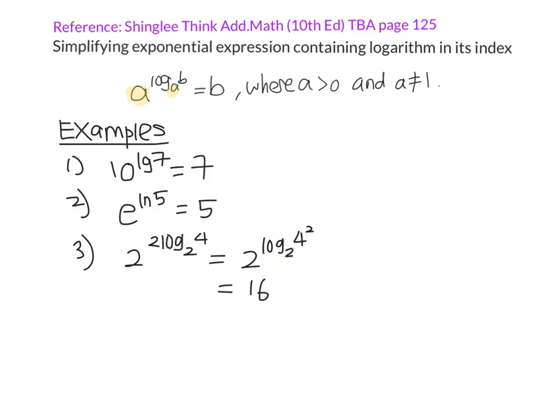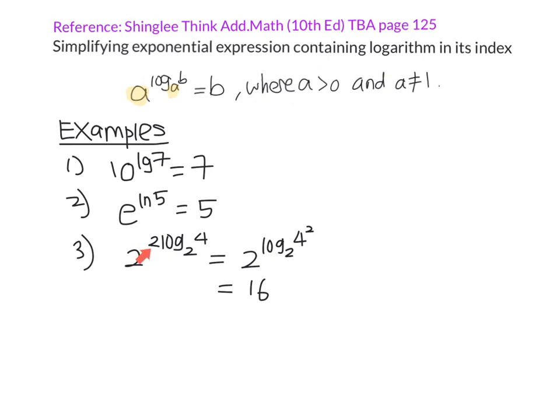There are times where we need to apply the laws of logarithms such that we have only a single logarithmic term in the index with coefficient of 1, as shown in example 3. When we compare the exponential expression in example 3 with what is stated above, we need to do something about the 2.